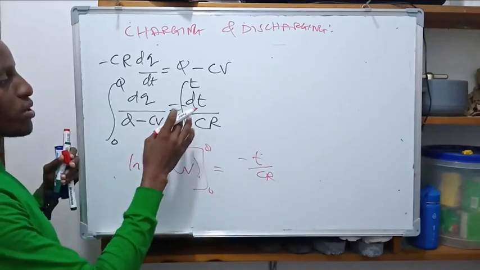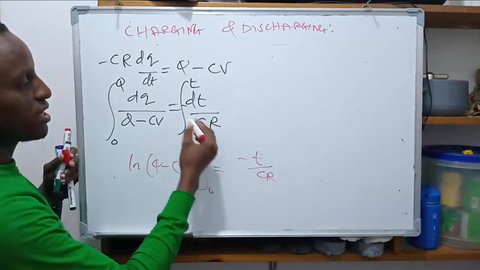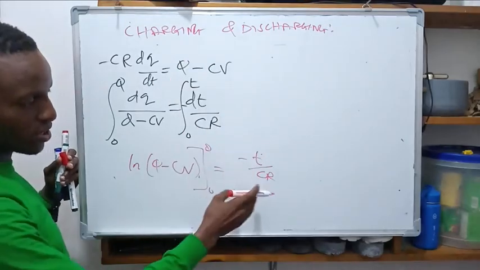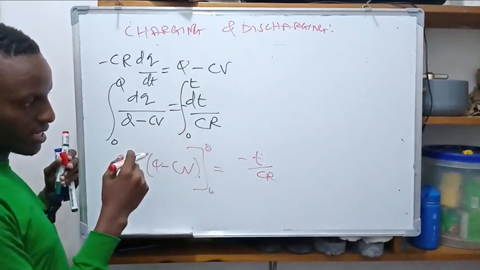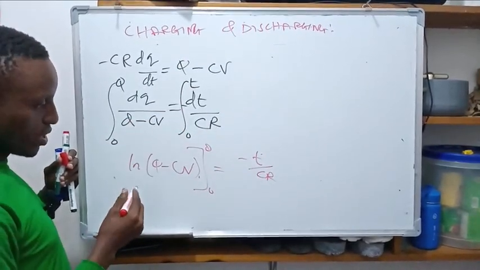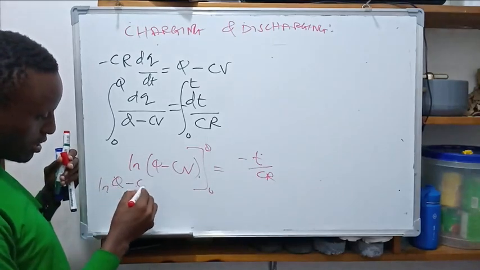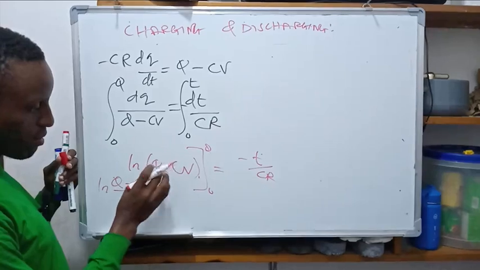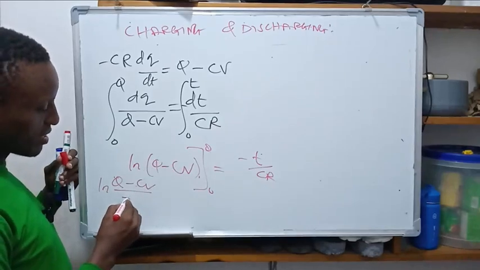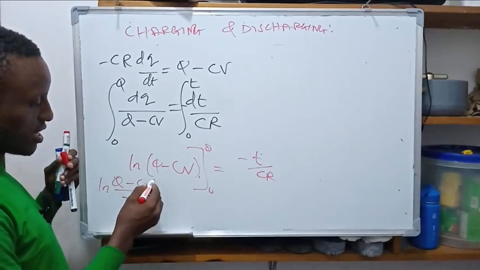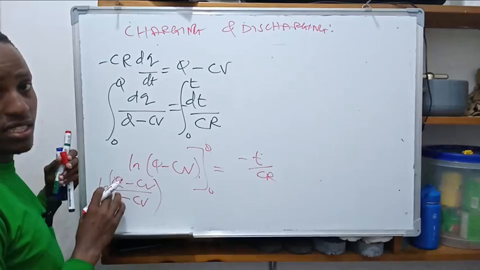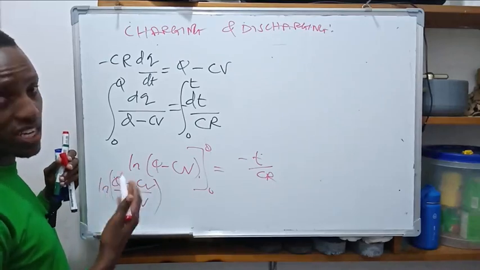Because this one will be from 0 to T, so minus 0 is just the negative one, T. But you know, this is ln of Q minus CV over, 0 here becomes negative CV. Minus is just the division in terms of ln, the natural logarithm.